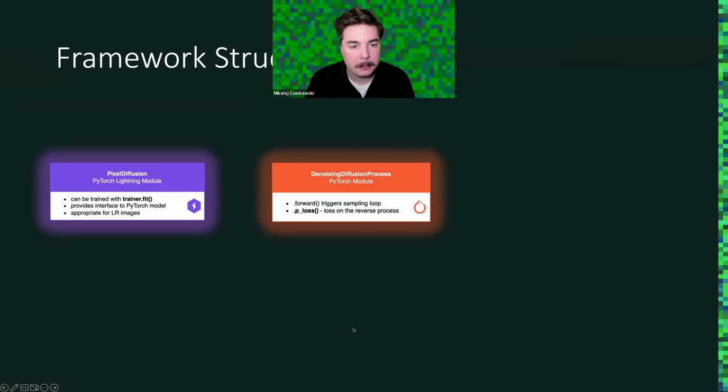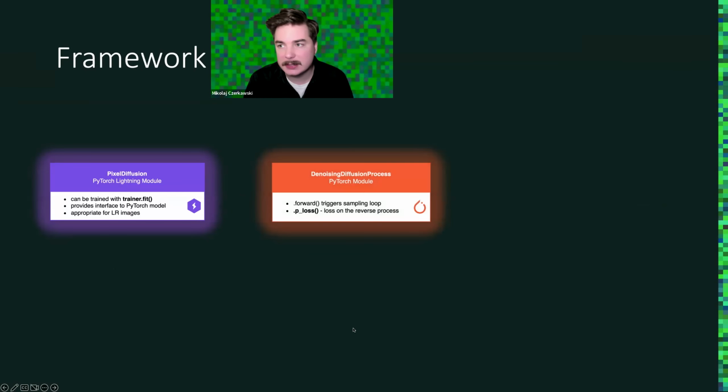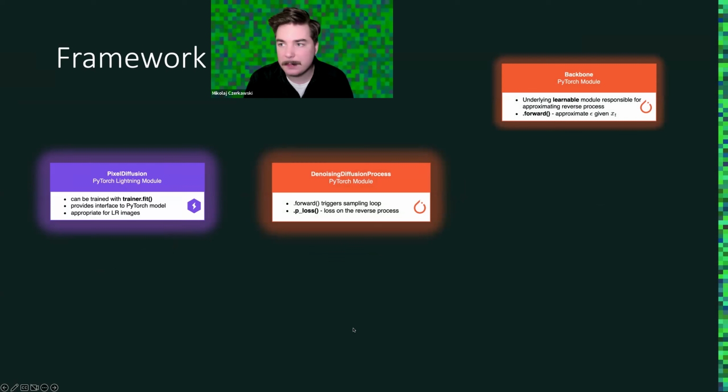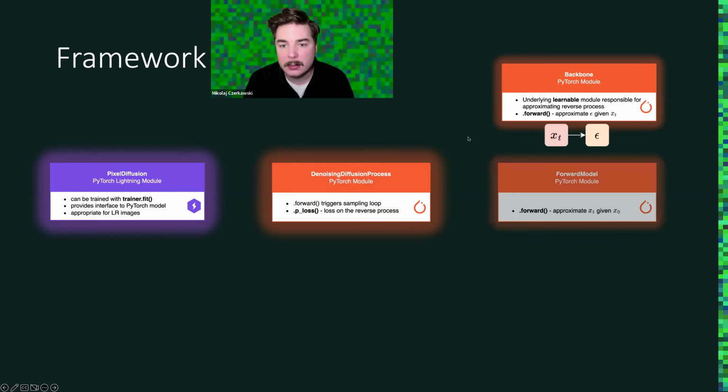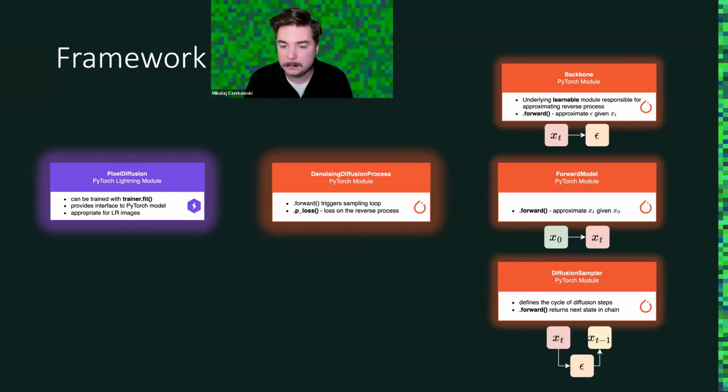And inside that module, we have a denoising diffusion process PyTorch module, which basically combines three crucial components: the backbone, which is the neural network architecture responsible for predicting epsilon noise in the input sample. We have a forward model that allows us to generate samples at any given temporal index with added noise. And finally, we have a sampler.